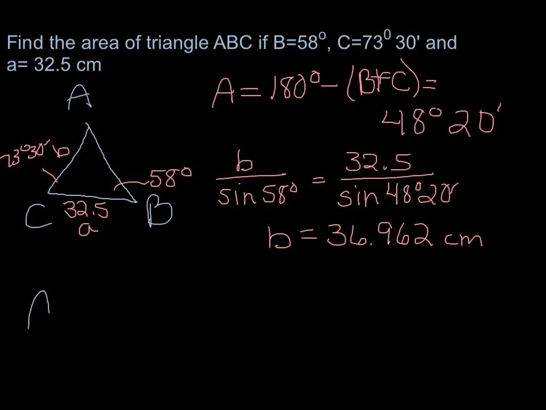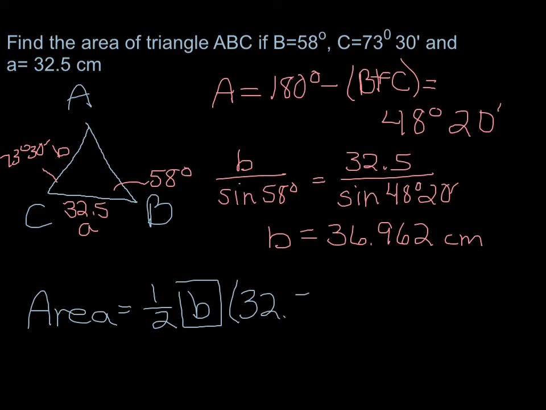Okay, so now I have two sides and the included angle, and so now I can find the area. Area equals 1/2 side B, which I'll have in my calculator, times side A, which is 32.5 centimeters, and then times the sine of the angle included between those two sides, so 73 degrees, 30 minutes.